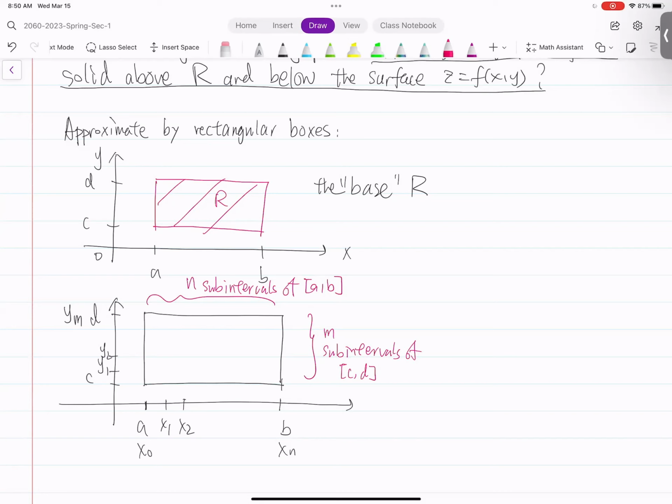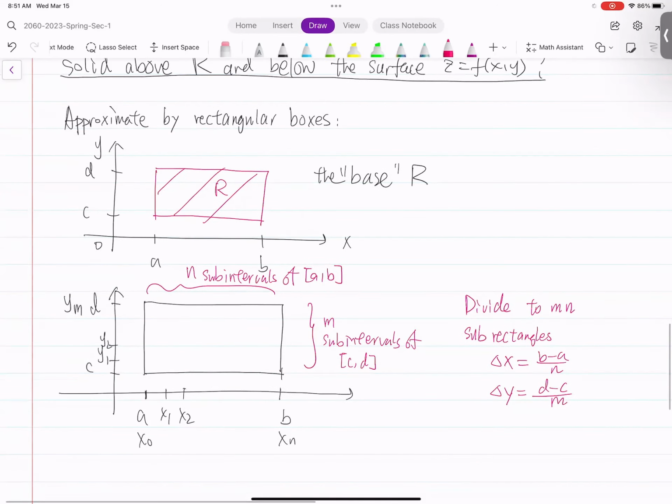So here, let me put this text also here: divide into n times n subrectangles, where our delta x, the change in x, is just (b minus a) over n, right? And delta y is just (d minus c) over n. Okay.